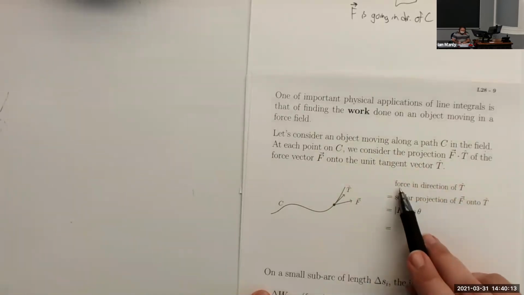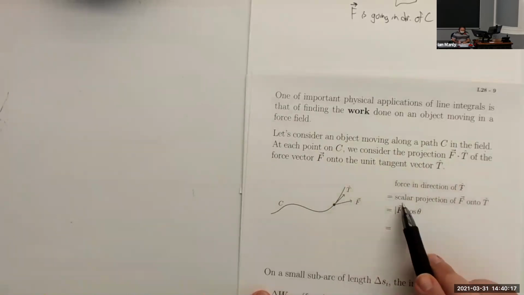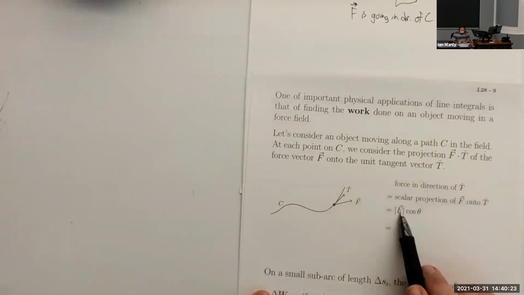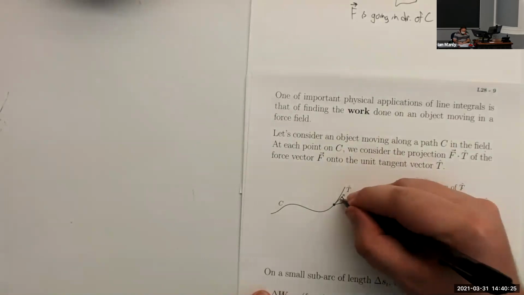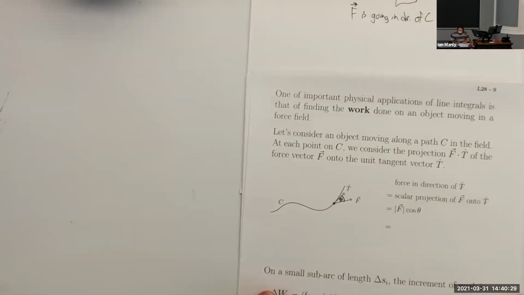So let's see here. We have the force in the direction of T hat, the direction that we're moving. Now, that's going to be the scalar projection of F onto T hat, which is the magnitude of F times cosine of the angle between them right here.